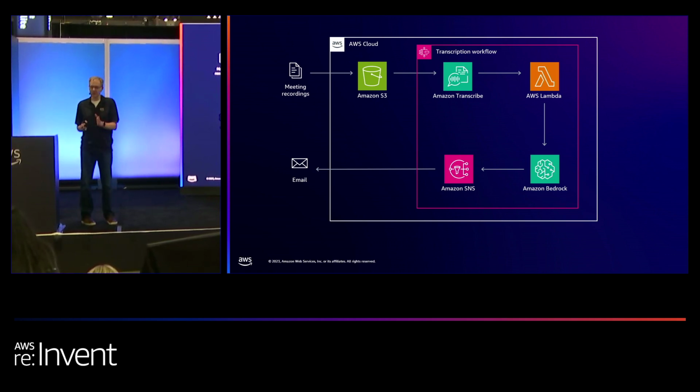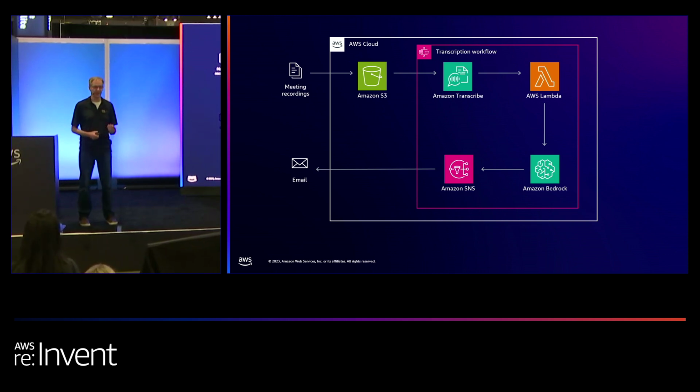If you look at the output from Amazon Transcribe, it's not super usable by a large language model. So I send that transcription off to a Lambda function to turn it into something more usable by a large language model. I then send that transcription to Amazon Bedrock and say, given this transcription, please tell me what happened in the meeting, give me any action items, and anything else that I should know.